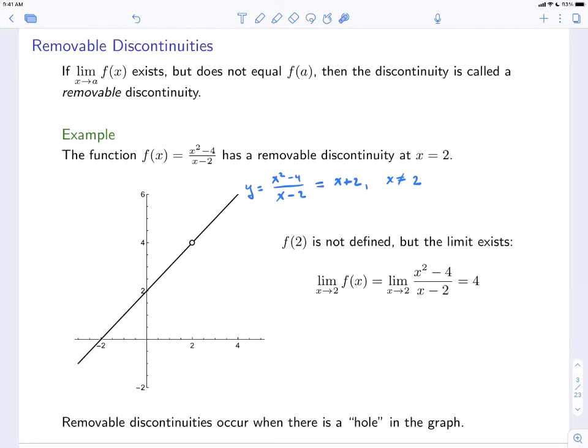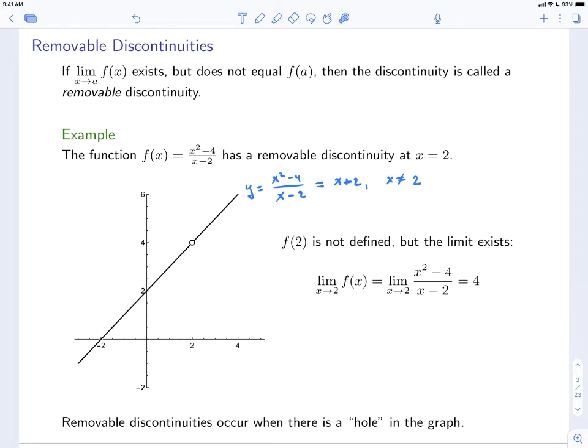Removable discontinuities like this occur when the limit as x approaches a does exist, but it's not equal to f at a. That can either happen because a is not in the domain of the function, so f at a doesn't exist, is undefined, like in this case, or it could also happen if the limit existed and f at a was defined, but they just didn't equal each other.